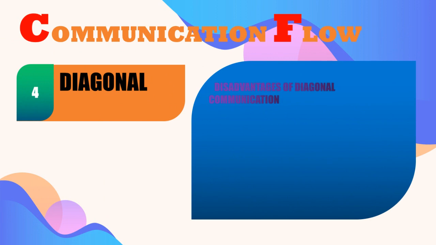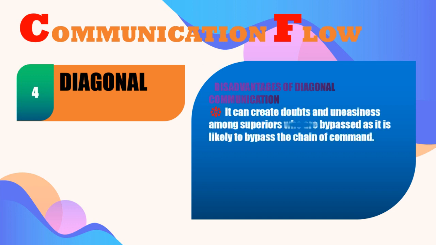We have also the disadvantages of diagonal communication. Of course, it can create doubts and uneasiness among superiors who are bypassed, as it is likely to bypass the chain of command.